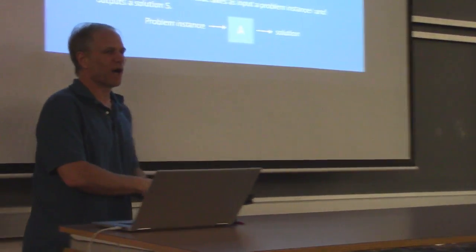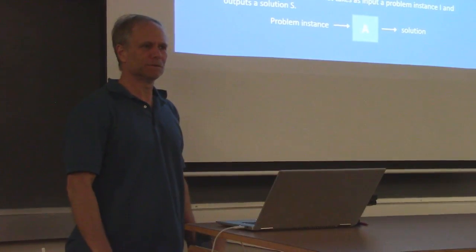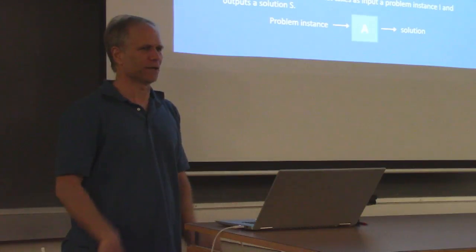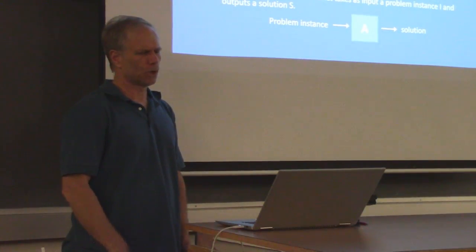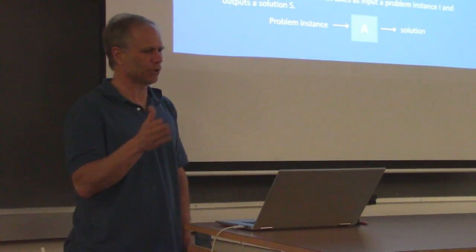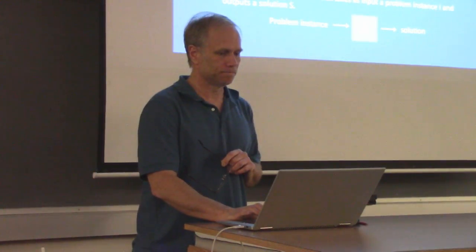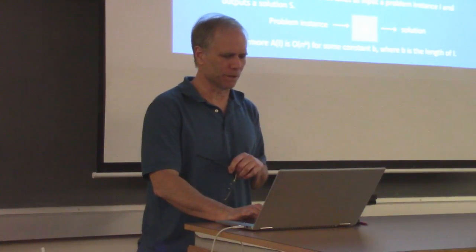Essentially, it means trying all the possibilities at the same time in parallel and finding one that works, which is equivalent to being able to verify something quickly. So non-deterministic polynomial time is kind of an anachronism, but that's what the letters mean.